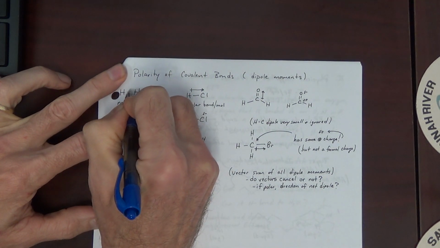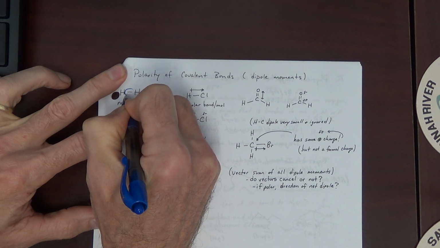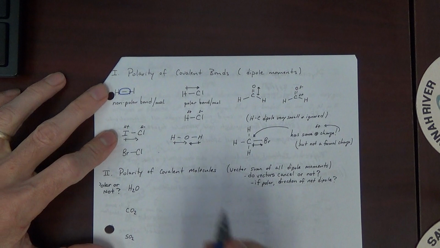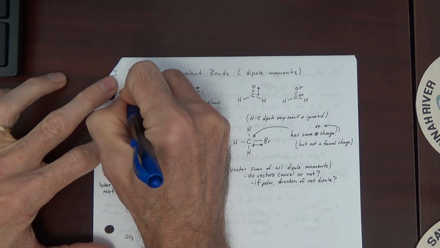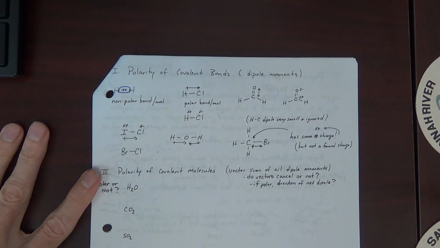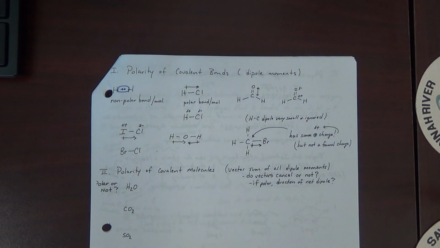And if we sort of drew the electron cloud between the two nuclei, those two electrons are sitting in there very equally shared. A nonpolar covalent bond.